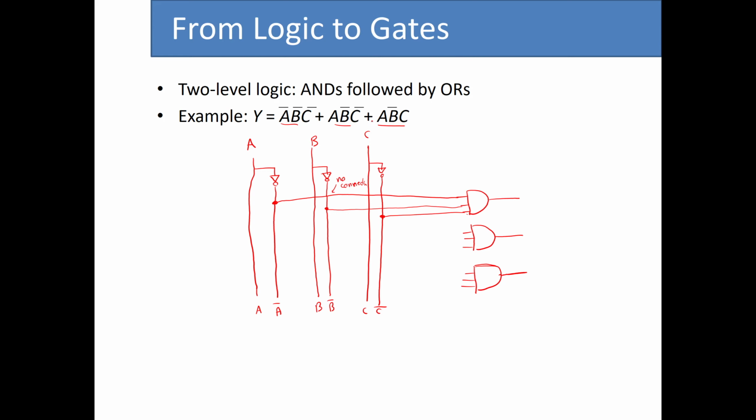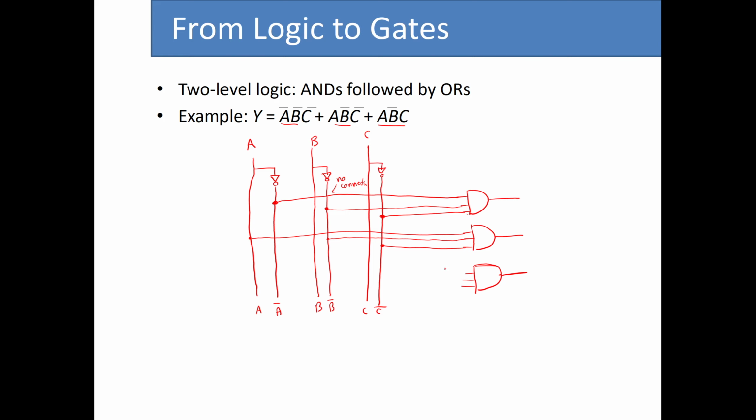We have A, B bar, and C. So we have A, we have B bar, and then we have C bar.